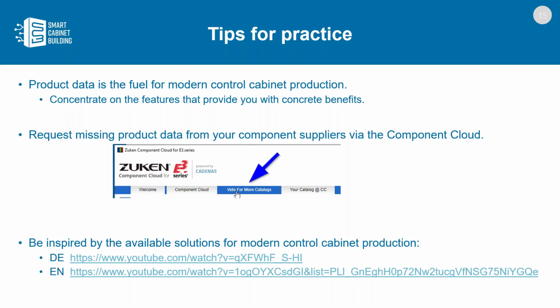Then we or our partner Cadenas can go to the component manufacturer and give them a list and say, okay, 10 big customers have voted that you have to deliver the data they want, so that they really do that. If there is no need for catalogs, then they won't provide those data.